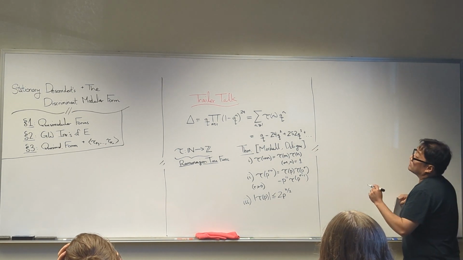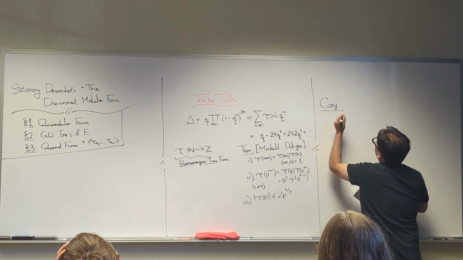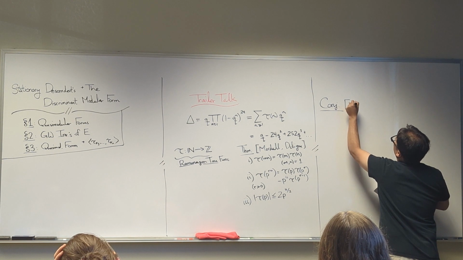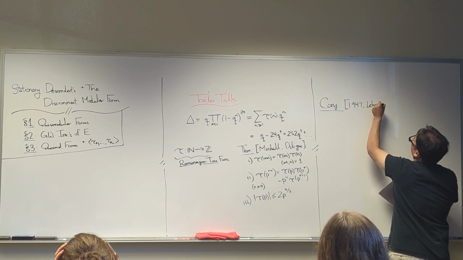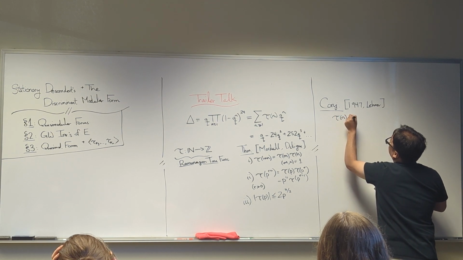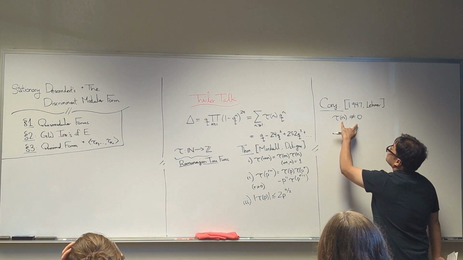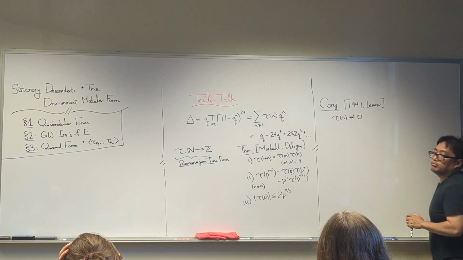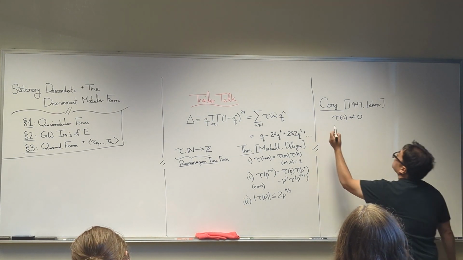This is a conjecture that goes back to Lehmer in 1947, so it's been around for a while. Does the Ramanujan tau function never vanish? By the first property, it suffices to show that this is true for n prime p. This is for my trailer talk.